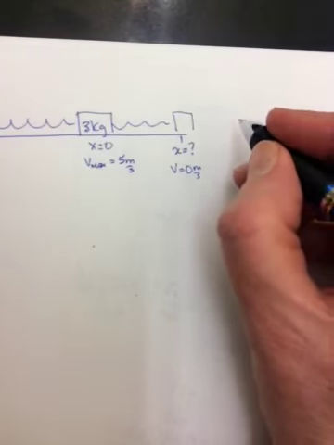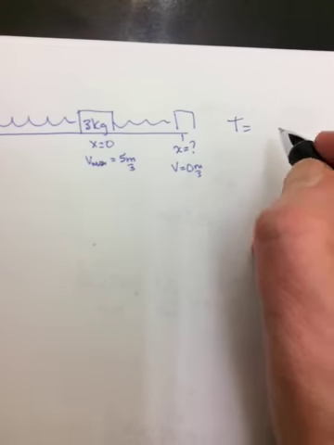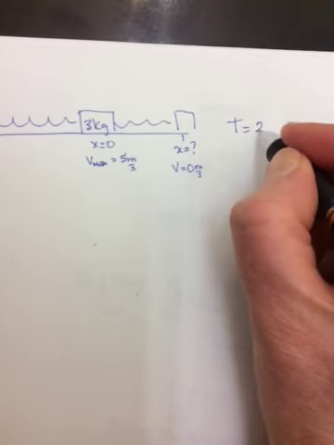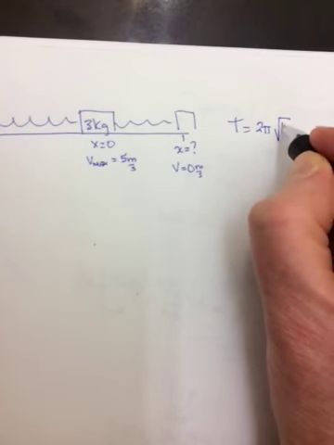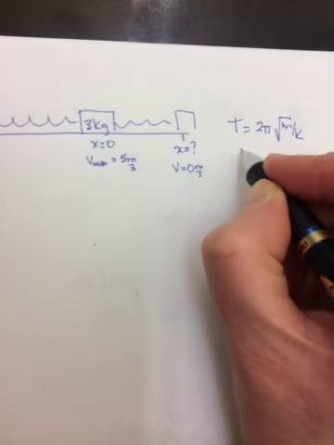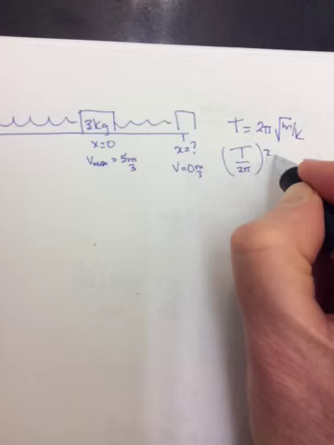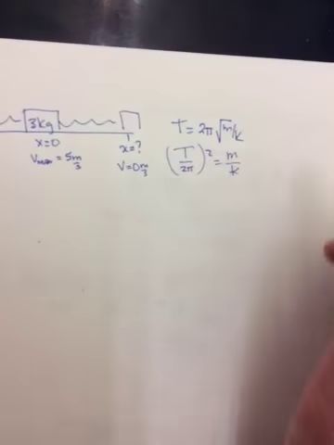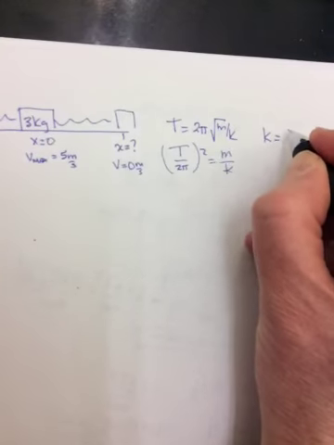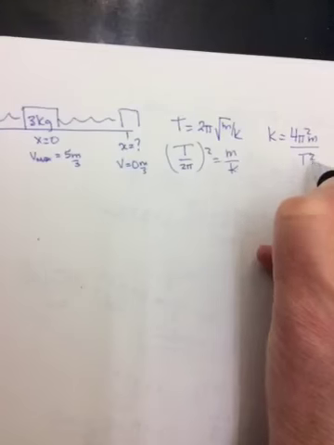And to find k, you're going to use T is equal to, not 2 pi root L over g anymore, it's going to be 2 pi root m over k. Divide both sides by the 2 pi, square both sides, bring the k up, bring the 4 pi up, so you'll get k is equal to 4 pi squared m over T squared.